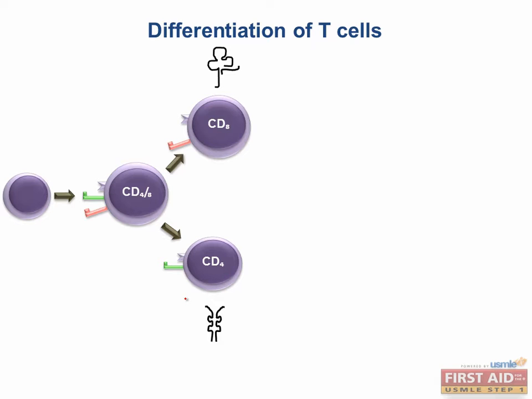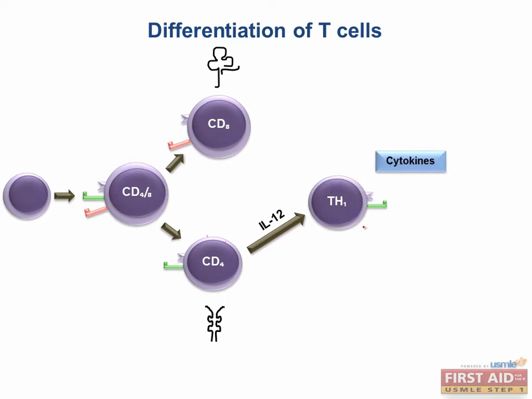But there's different types of helper T cells. So let's talk about them. So depending on what cytokines these helper T cells are exposed to, they differentiate into a specific type of helper T cell. So if they are exposed to interleukin 12, then they will turn into Th1 type cell. So T helper 1 type cell, all right? And T helper 1 cells, what do they do?